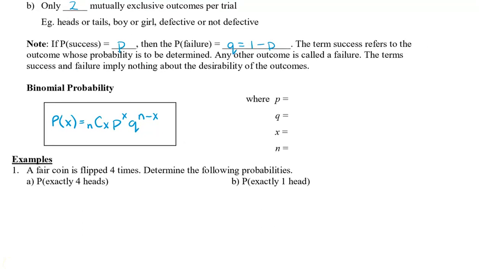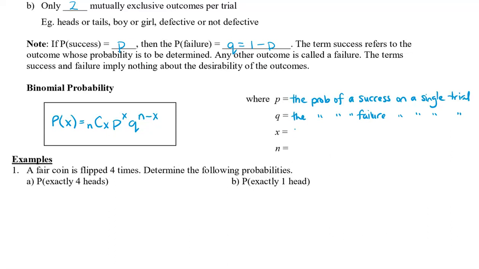All right, so P stands for the probability of a success on a single trial. Q stands for the probability of a failure on a single trial.